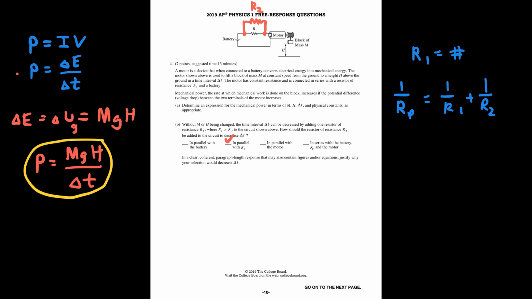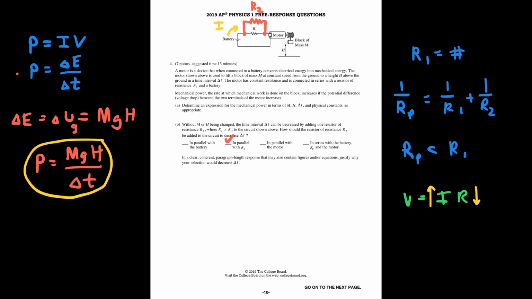For any value of R1 and R2, if you found the equivalent resistance, Rp, that's always going to be less than R1. And by Ohm's law, which is V equals I times R, if the equivalent resistance decreases, then the current will increase for a constant voltage of the battery. And so by decreasing the equivalent resistance of this circuit, I believe that the current coming out of that battery is going to get bigger.